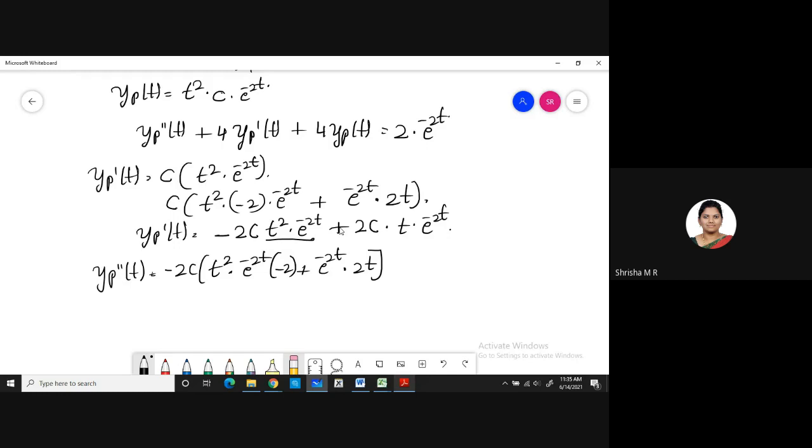I've used the product rule for this. Plus, I'll take 2c out. You have a product rule here, t into e power minus 2t. If you keep t constant and differentiate e power minus 2t, you'll have minus 2 into e power minus 2t, plus keep e power minus 2t constant and differentiate t, you will get 1. Clear? Yes, ma'am. Others clear, everyone?